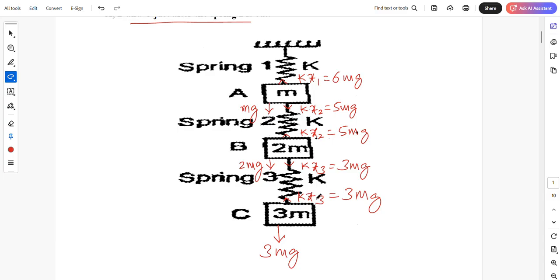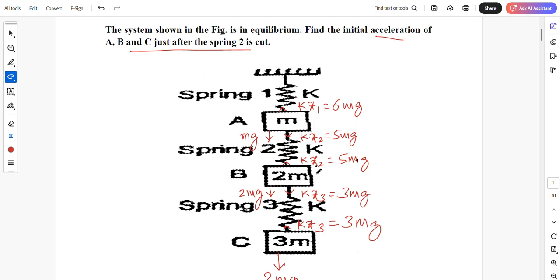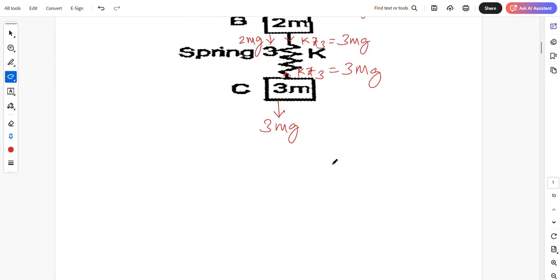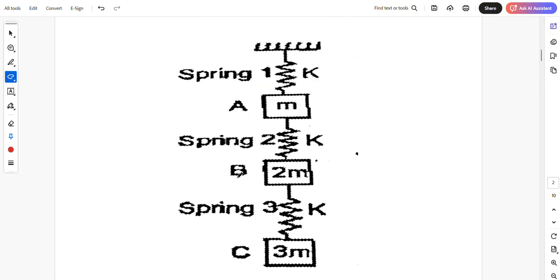Now we are supposed to cut spring 2. If spring 2 is cut, what will happen? What happens to kx2? Kx2 will become 0. Now here mg will be there, and here how much was kx1?